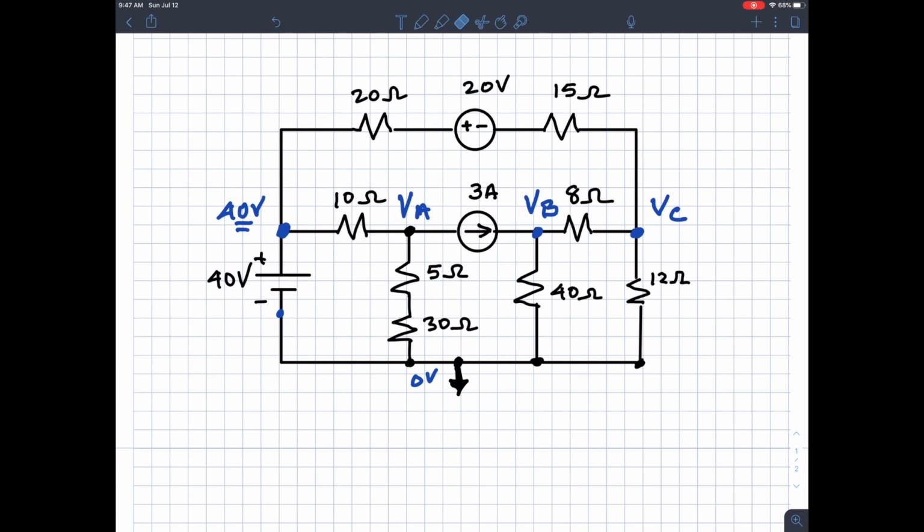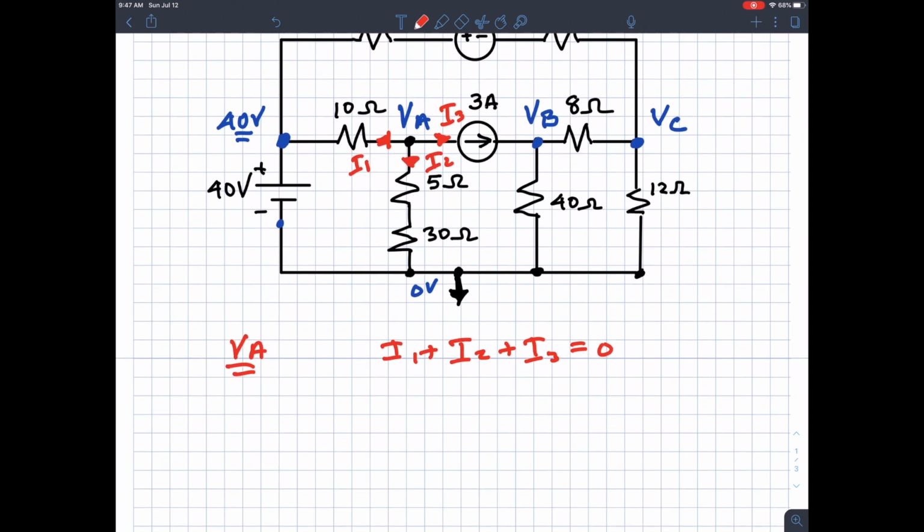Let's take a look at node VA. At node VA, I would look at these three currents, I1, I2, and I3. I1 is pretty straightforward, and if we wrote node equations at node VA, then we're looking at I1 plus I2 plus I3 equals 0.